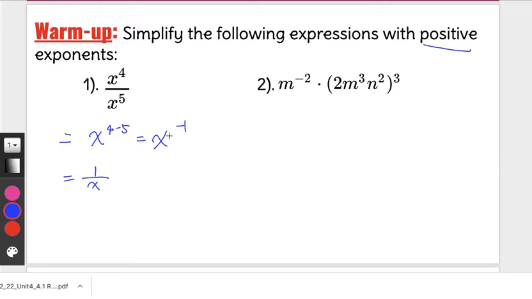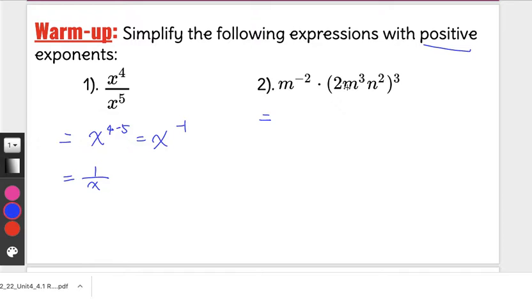This is the definition of the negative exponents. Whenever it's something to the negative power, we can convert it to 1 over that power.